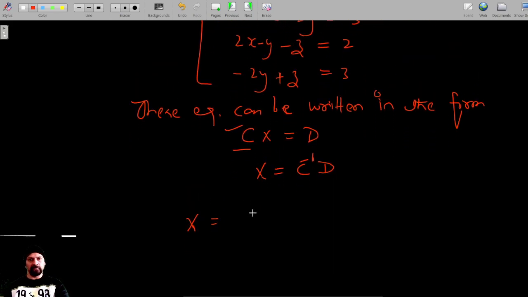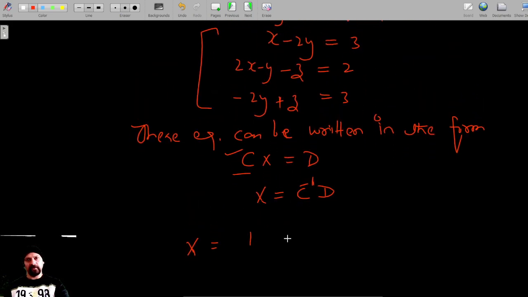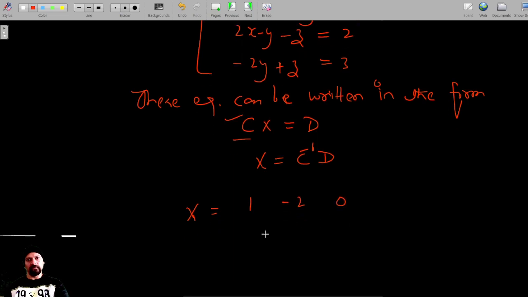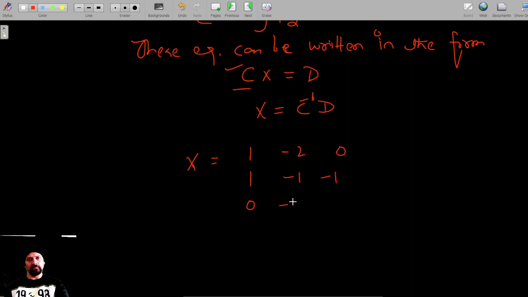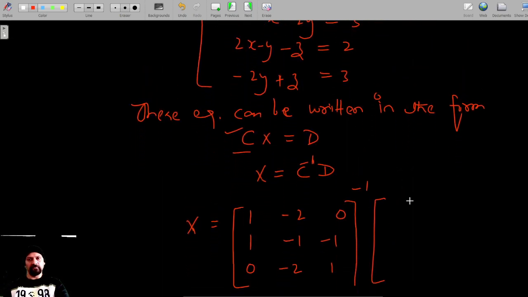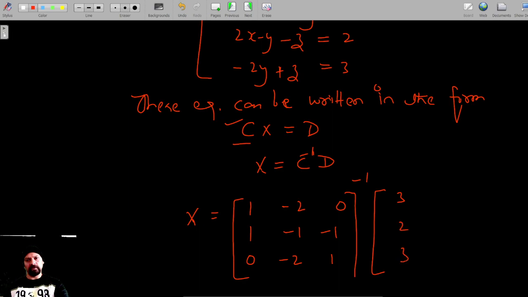Now let's write down the C matrix. So C matrix is 1 minus 2 0 and 2 minus 1 minus 1. This is 0 minus 2 and 1. So we have to get the inverse of this, multiplied by the D matrix, which is 3, 2 and 3.